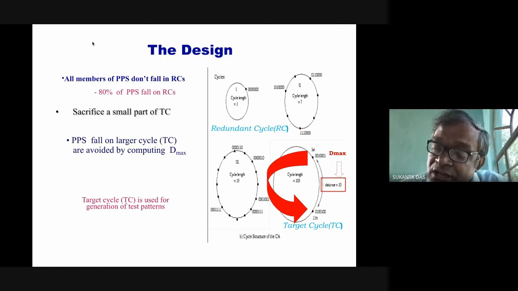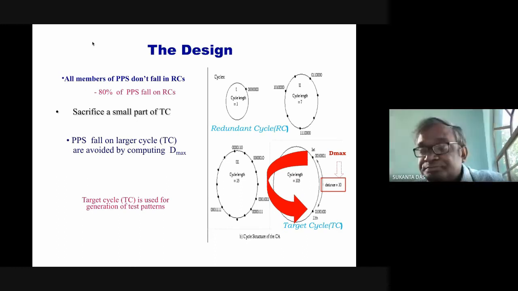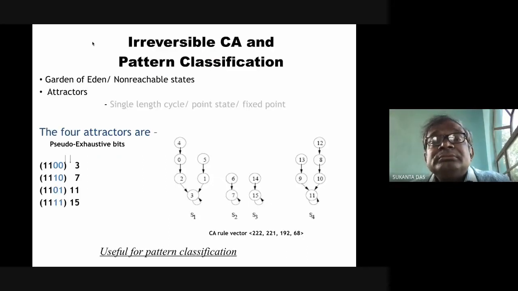Next, let us move to another application, pattern classification. What I have said so far is for VLSI circuit design and testing, where cellular automata can be used as a test pattern generator.